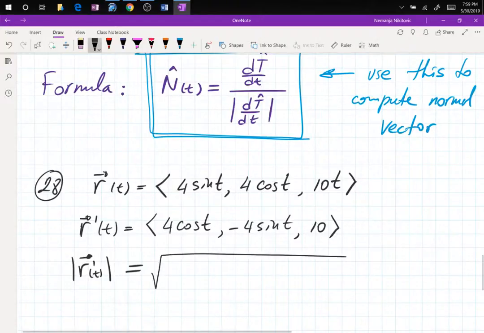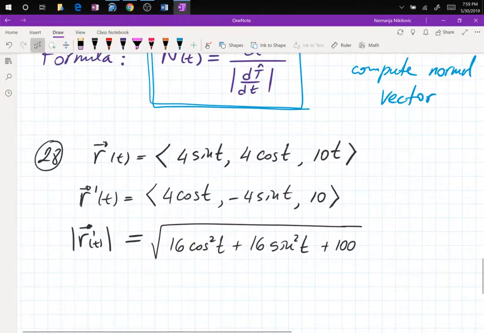So square root of 16 cosine squared t plus 16 sine squared t plus 100. When we factor out 16, sine squared plus cosine squared is 1, so we get square root of 116.